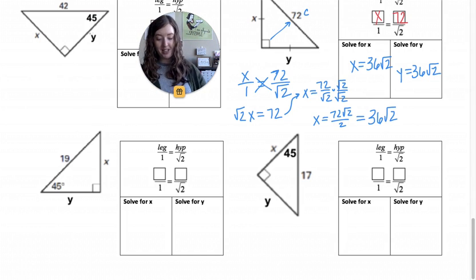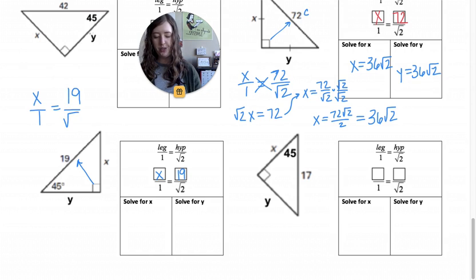Still they're giving us the length of the hypotenuse since it's across from the right angle. And then I'm going to go ahead and just put in x for my leg. So we can either say, all right, so we have x over 1 equals 19 over the square root of 2.